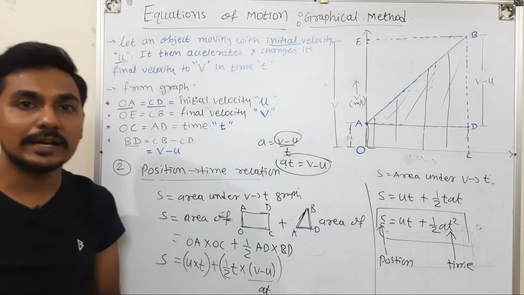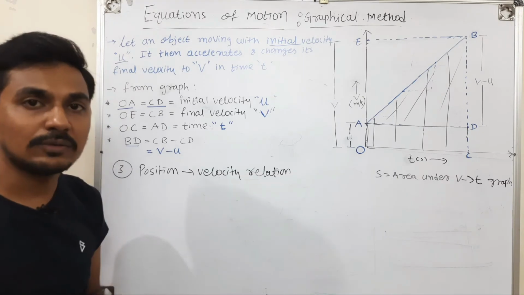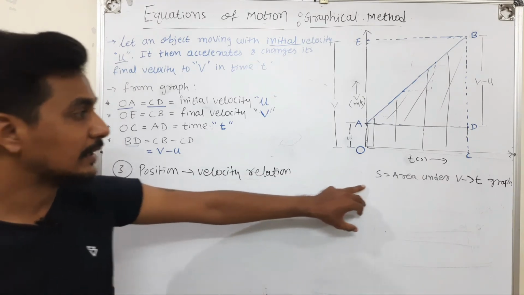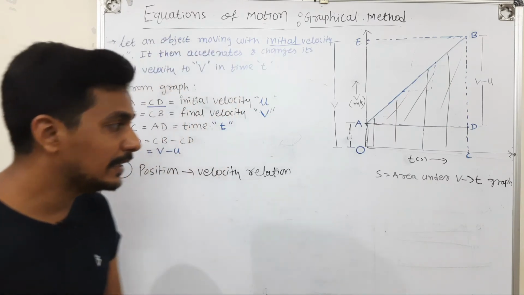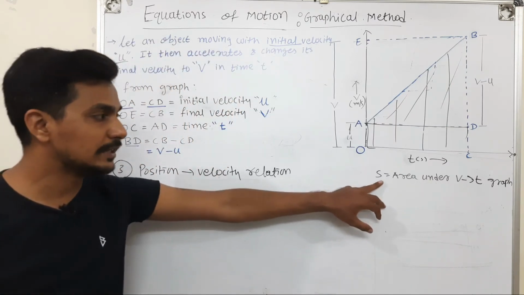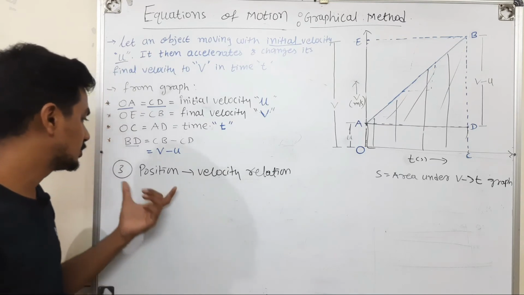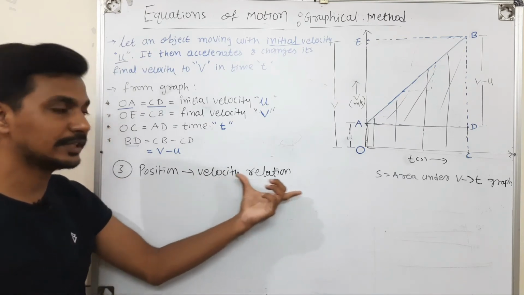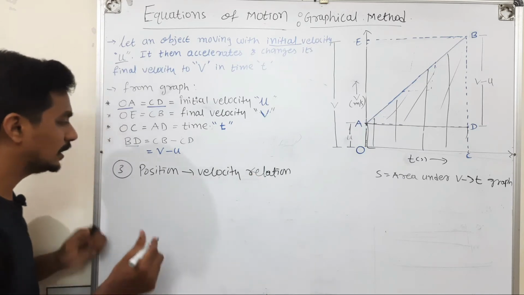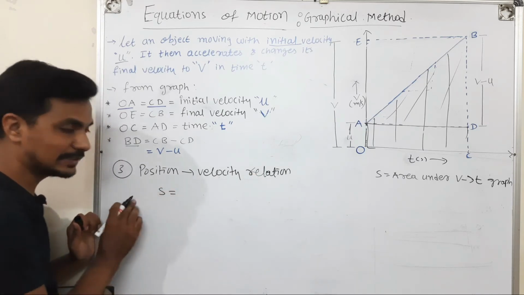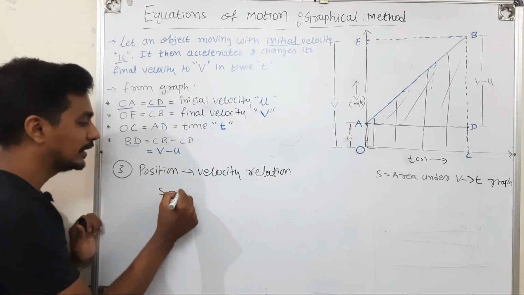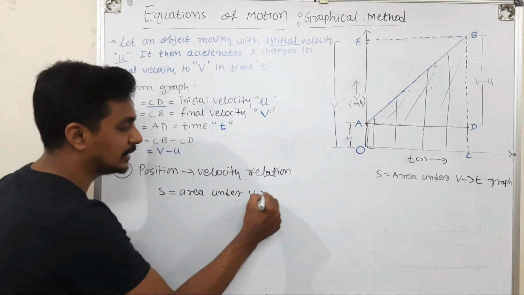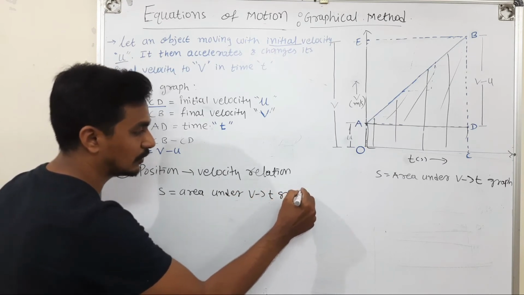Now let us derive the third equation of motion. To derive the third equation of motion, we again need the same fact that the area under the velocity time graph gives the distance covered. The third equation of motion is also known as the position velocity relation. So here S, that is the distance covered by an object, is equal to the area under the velocity time graph.